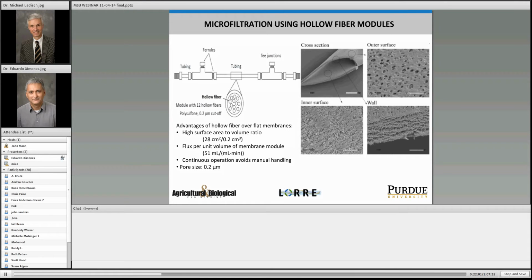The reason that we use hollow fiber membranes instead of, for example, flat membranes is that there are some important advantages when using hollow fiber membranes. For example, high surface area to volume ratio, flux per unit volume of membrane module, and, very important, continuous operation that avoids manual handling.